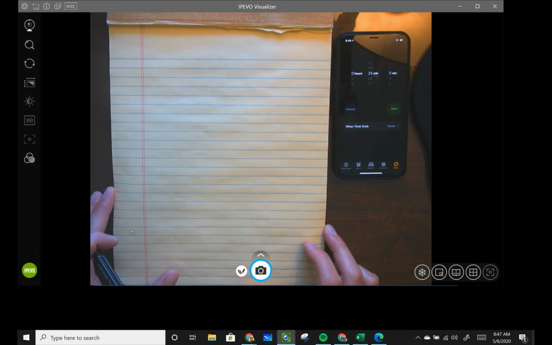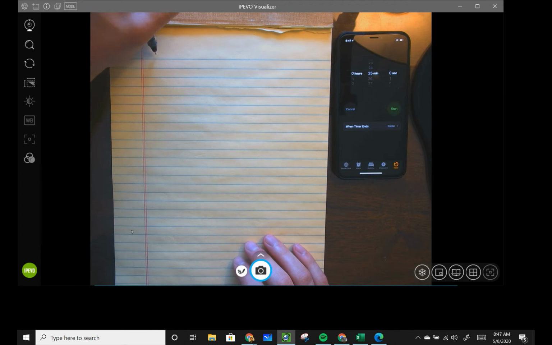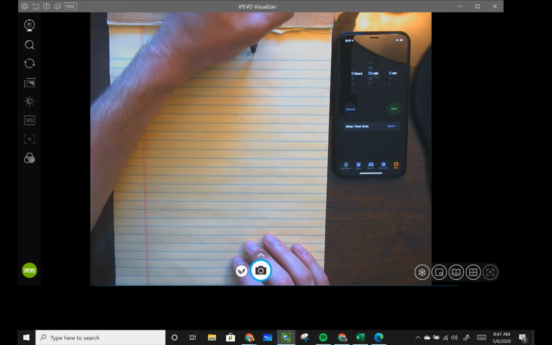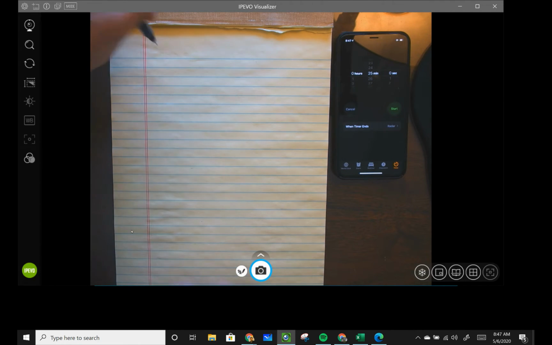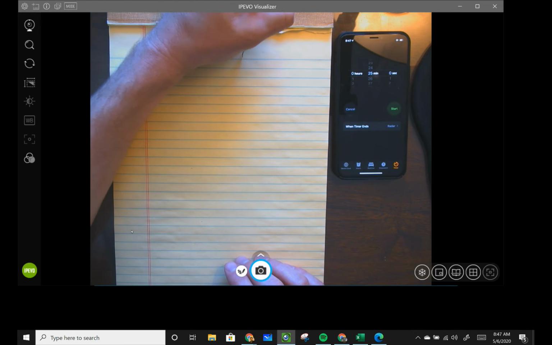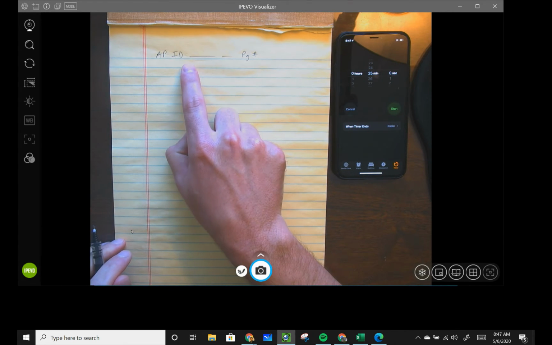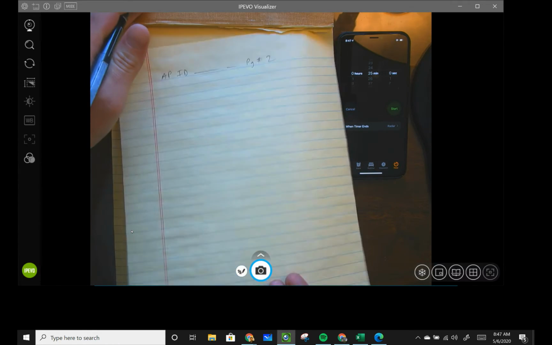What I want to do is get my pages set up ahead of time. You do this after you log in and before the test starts. You've got your AP ID number, your initials, and then the page number. I forgot to talk about adding the initials. So you've got your AP ID, the initials, and the page number, and have all five ready to go.